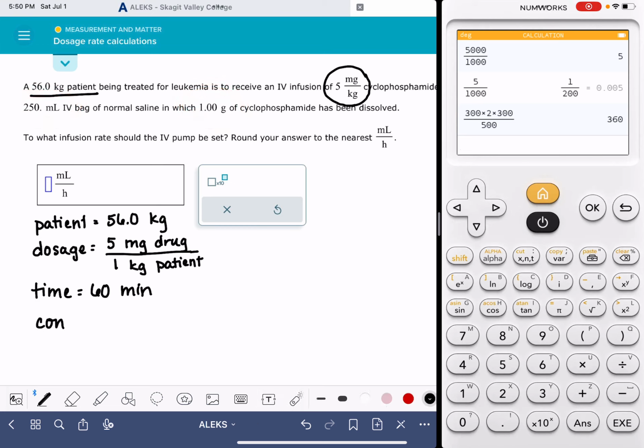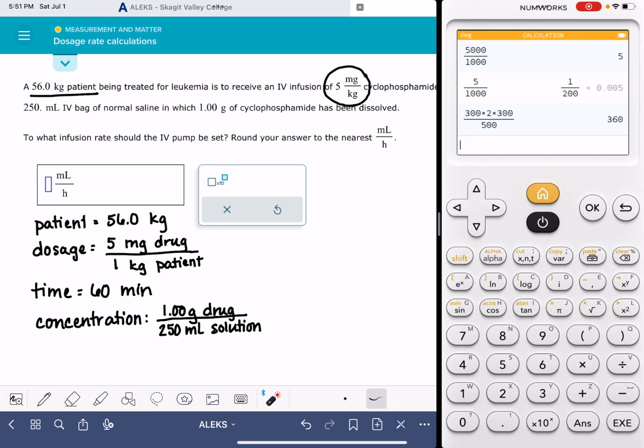That is a concentration of the solution, and for mine, it is 1 gram of the drug. When you're writing your concentration out, make sure you're writing the amount of drug on top, and the volume of the solution on the bottom. Mine is 250 milliliters of the solution that contains the drug.